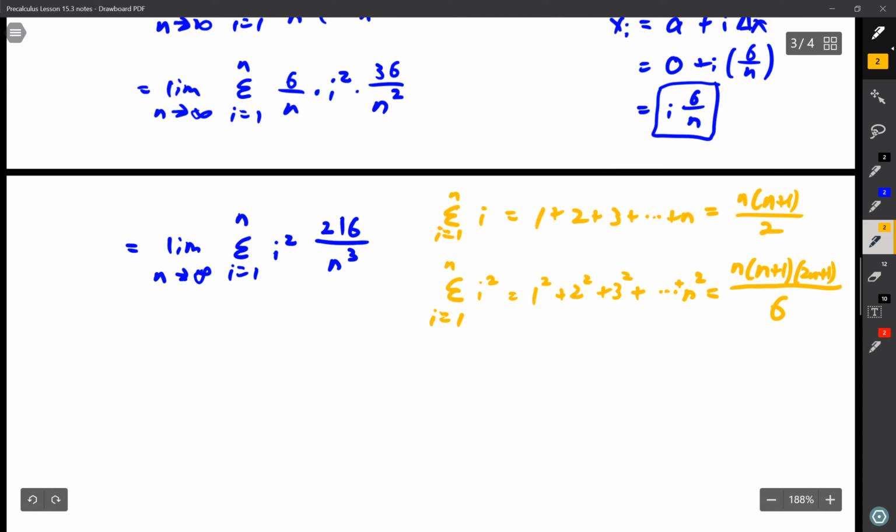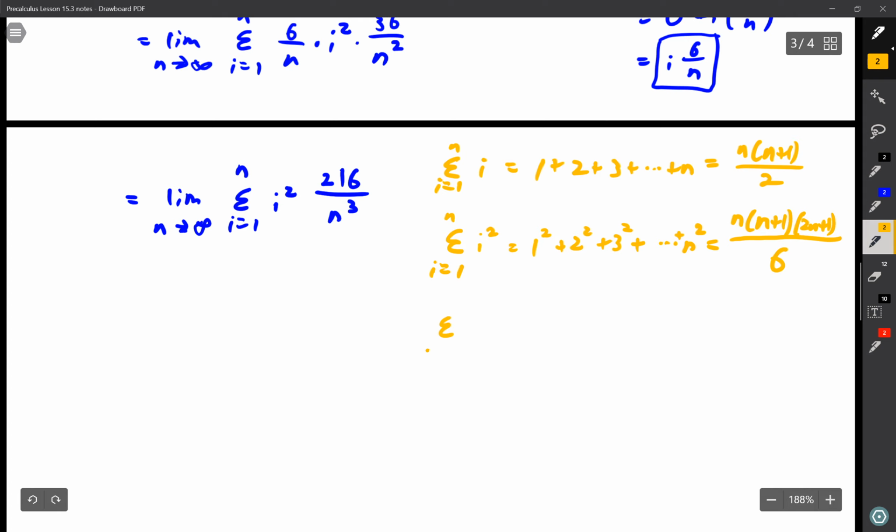And if we did the same thing for i cubed, the sum from i equals 1 to n of i cubed is 1 cubed plus 2 cubed plus 3 cubed plus dot, dot, dot, plus n cubed. That is equal to n squared times n plus 1 squared over 4.